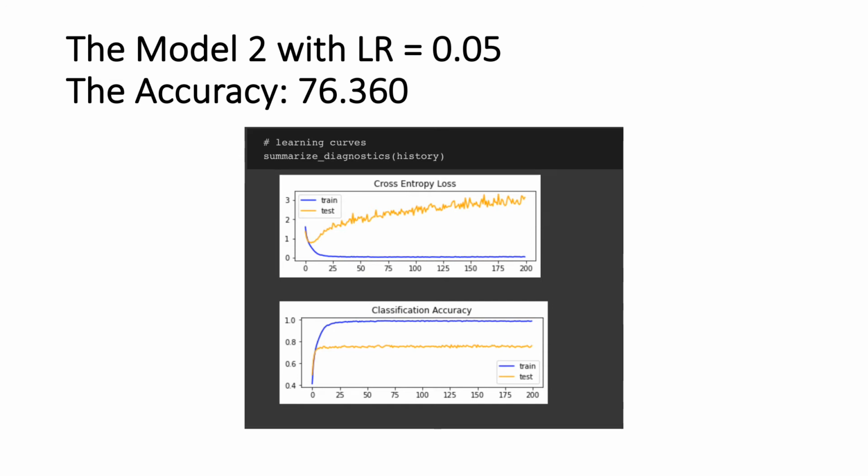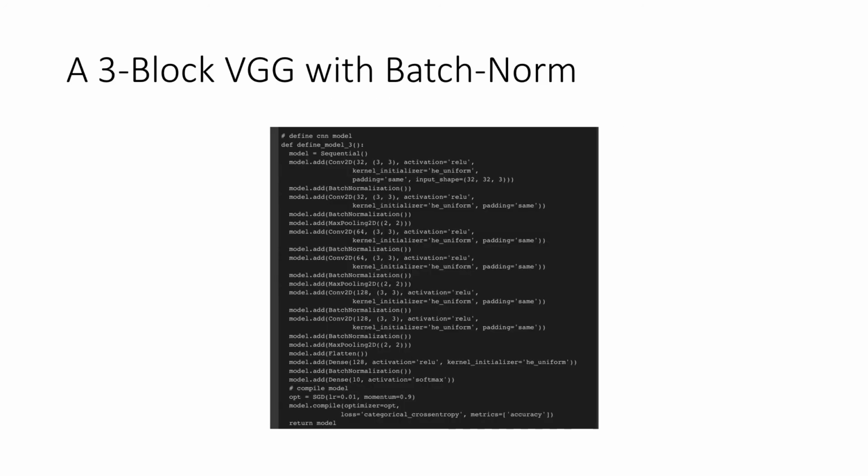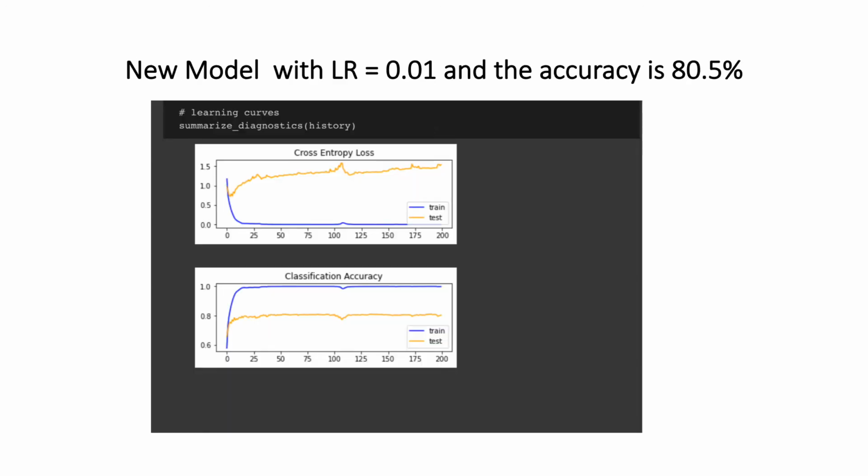And then I add a batch norm in each layer. You can see I add the batch norm in each hidden layer. And then with a learning rate of 0.01, the accuracy is significantly increased, becoming 80.5%.